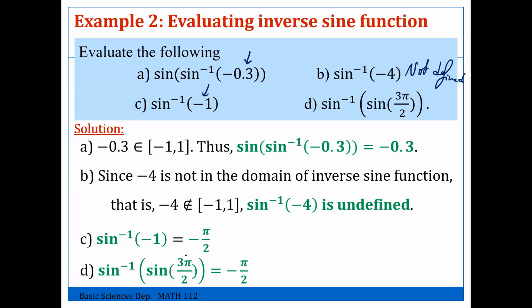And sine inverse of sine 3 pi over 2: 3 pi over 2 is not between minus pi over 2 and pi over 2. So the result is always an angle between minus pi over 2 and pi over 2. So here, if I compose, I cannot simplify. It doesn't give me the identity. It's giving me a different angle. Okay? And this is the problem, and we'll see how to fix this problem later.